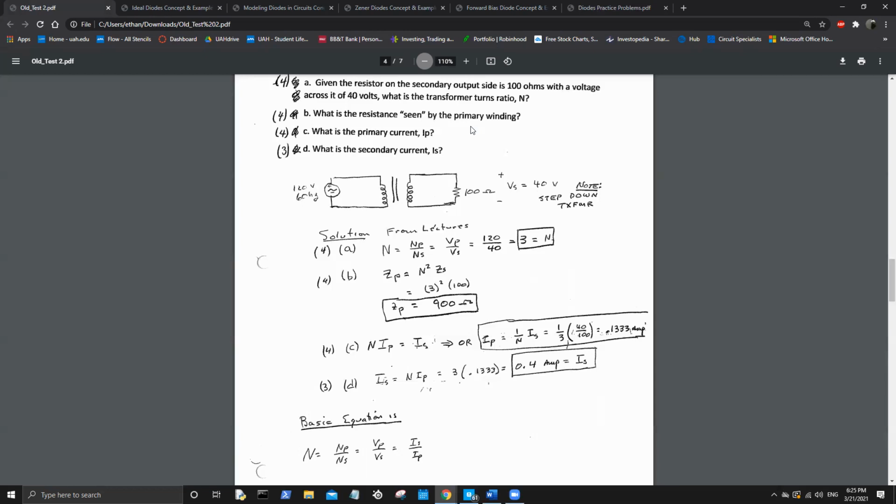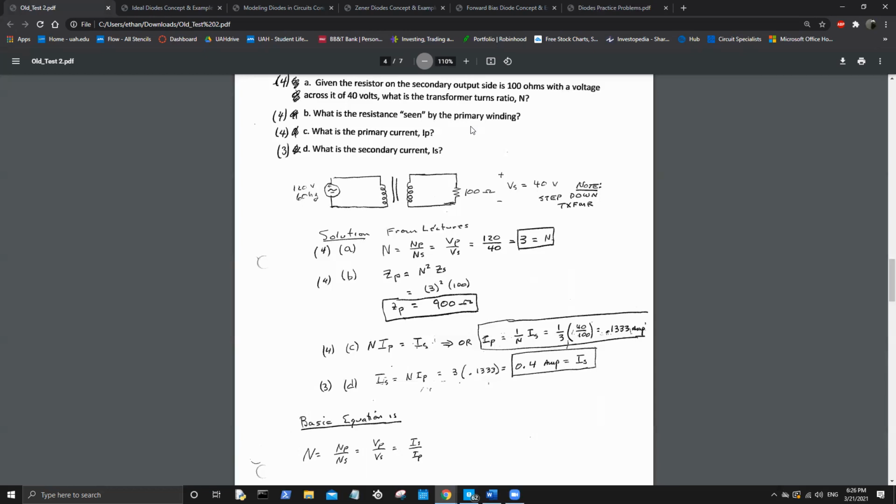So now we have, what is it? We just did the resistance seen, which is a relatively simple impedance calculation involving turns and impedance on both sides. Then we have 4C, which is what is the primary current. Yet again, everything with regards to transformers is basically just figure out what your turn ratio is, and from there it's pretty easy to chug along. So it shouldn't be too big a whoop.